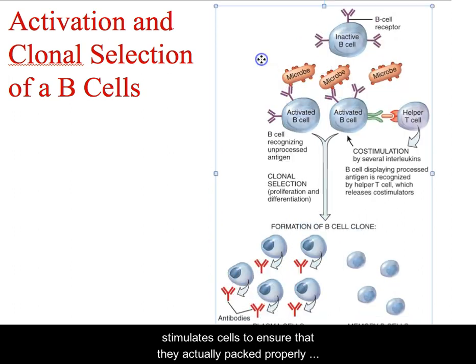Okay? So the mechanism's similar, but notice the major difference is this. B cells make a soluble protein that will bind to antigen once released into the plasma, whereas T cells will attack or co-stimulate cells to ensure that they actually act properly, meaning remove antigen.